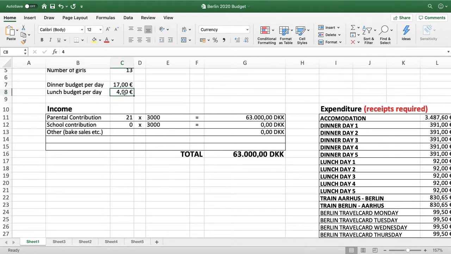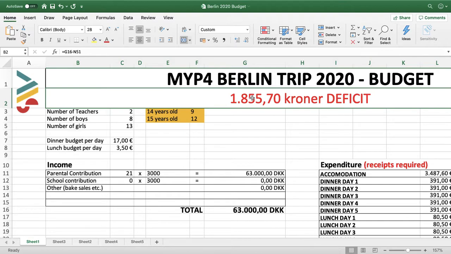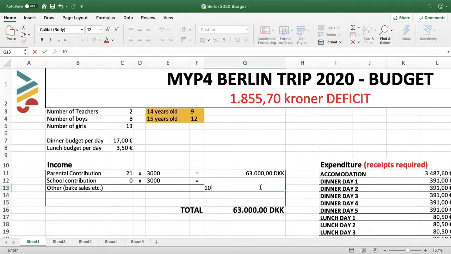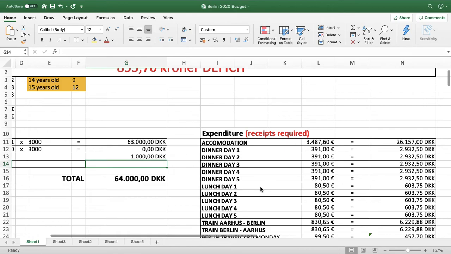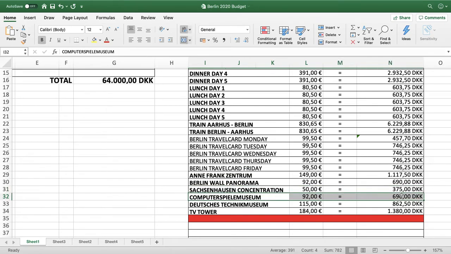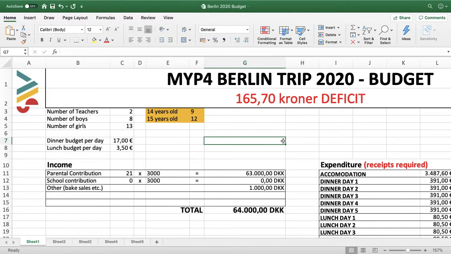But what if I make my lunch budget per day €3.50? Now that's cutting it fine, because maybe you can't get much with 3.50, but we're coming down to a reasonable deficit. What if we made 1,000 kroner in a bake sale? That's helping. What if we didn't go to the computer game museum? Well, that's not so good because we're losing an activity, but that's the sacrifice you have to make sometimes. Okay, 165.70.